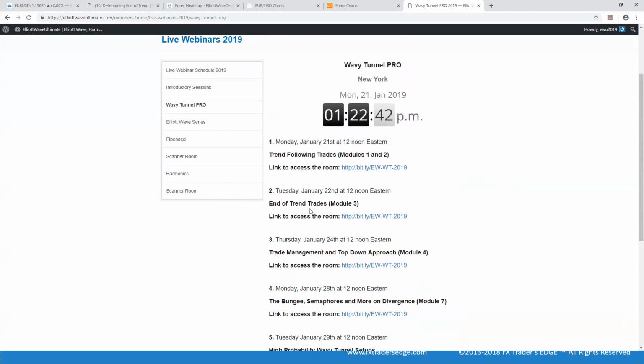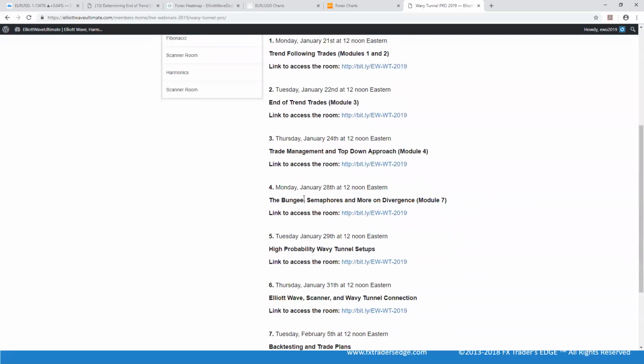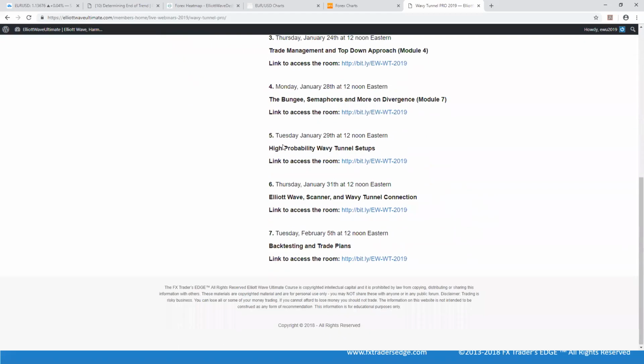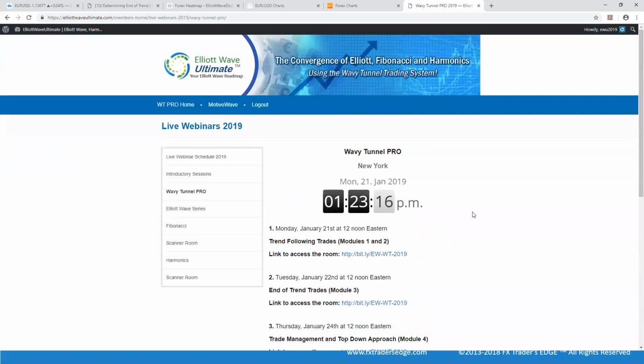Tomorrow we're going to discuss the end of trend trades. On Thursday, we'll discuss trade management and top-down approach. Next Monday, we'll discuss the bungee, the semaphores, and more on divergence. And next Tuesday, I'm going to bring Neil on, and he's going to discuss some high probability wavy tunnel setups. It's really another layer to what we've been doing. And then on Thursday, we'll discuss the Elliott wave scanner and wavy tunnel connection, and then back testing and trade plans, and we'll go from there.